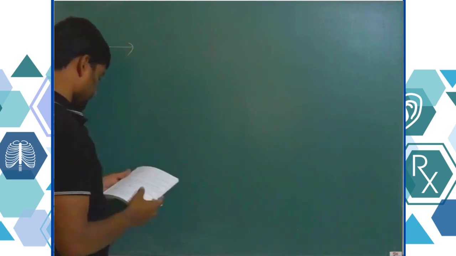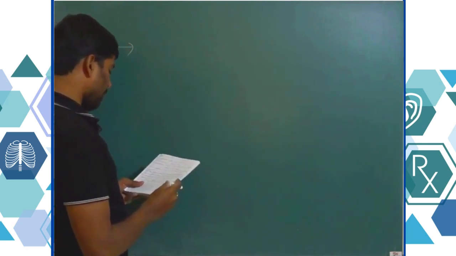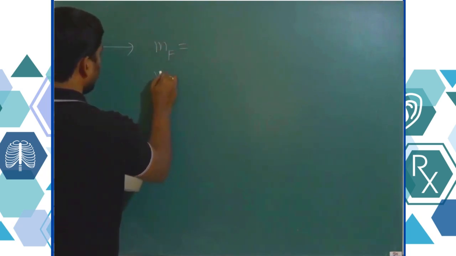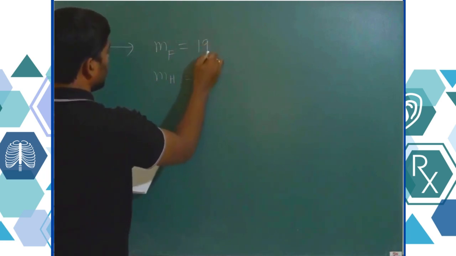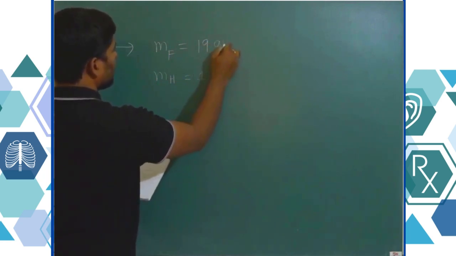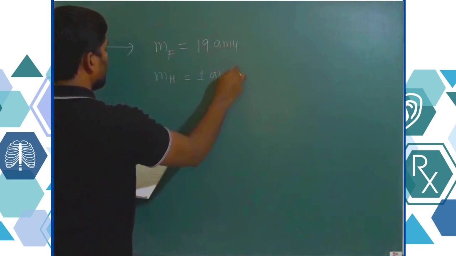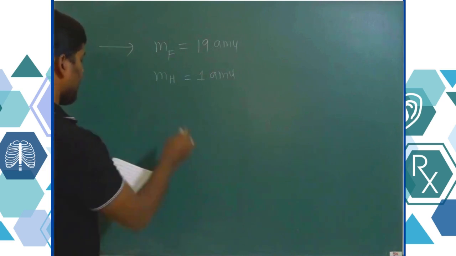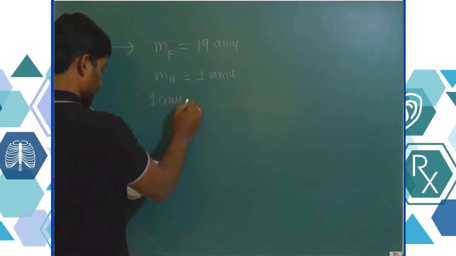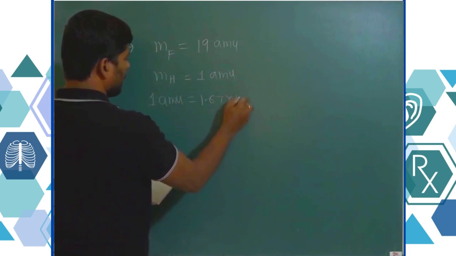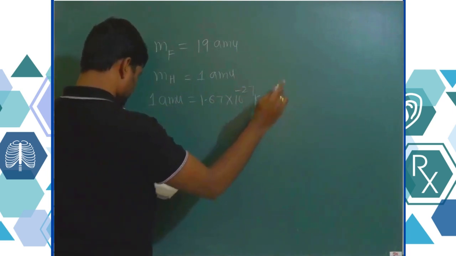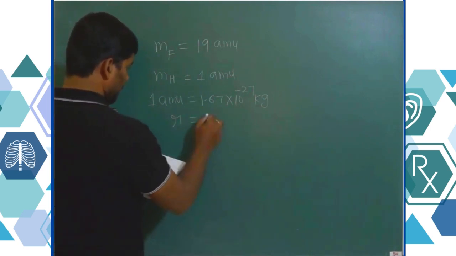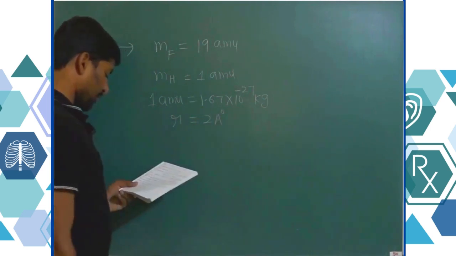Right, next one. The atomic masses of fluorine and hydrogen are 19 and 1 atomic mass unit respectively. In the bracket it is given that 1 atomic mass unit is equal to 1.67 into 10 power minus 27 kg. The bond length of HF is given as 2 angstroms.